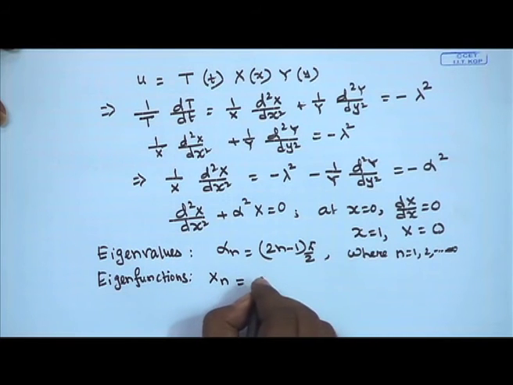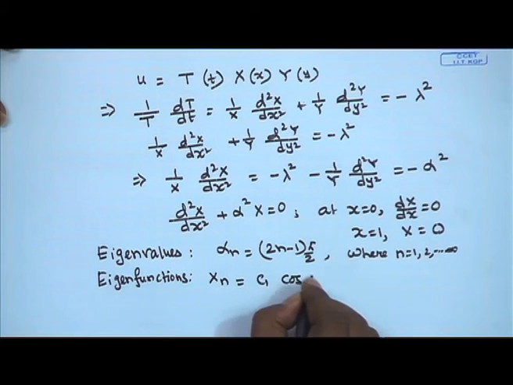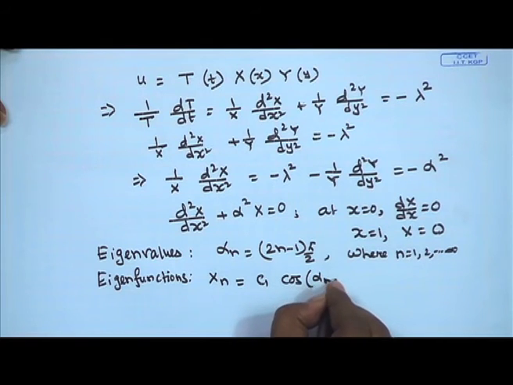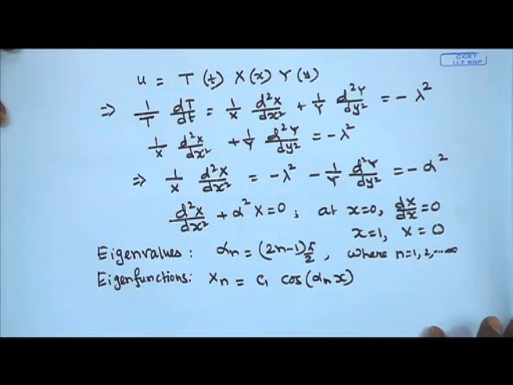So, this will be C1 cosine alpha n x, where alpha n is basically nothing but (2n minus 1) pi by 2.